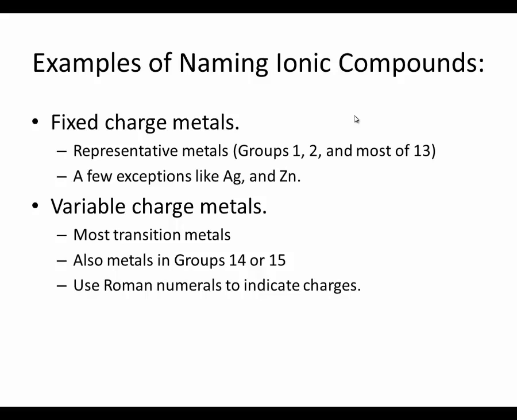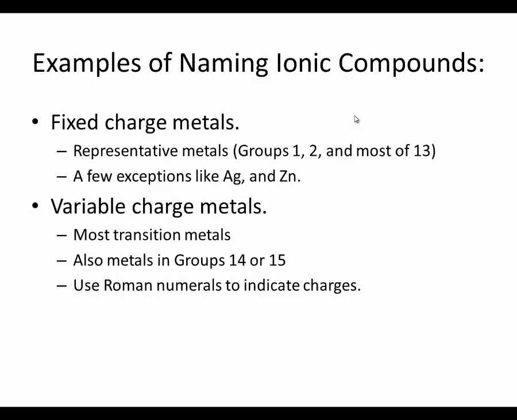So we have the fixed charge metals, and then we have the variable charge metals. The variable charge metals are basically any other metal. These are the transition metals. These would also be metals in group 14 or 15 that are below the nonmetals. What I mean by variable charge is that depending on the situation, they could have different charges.